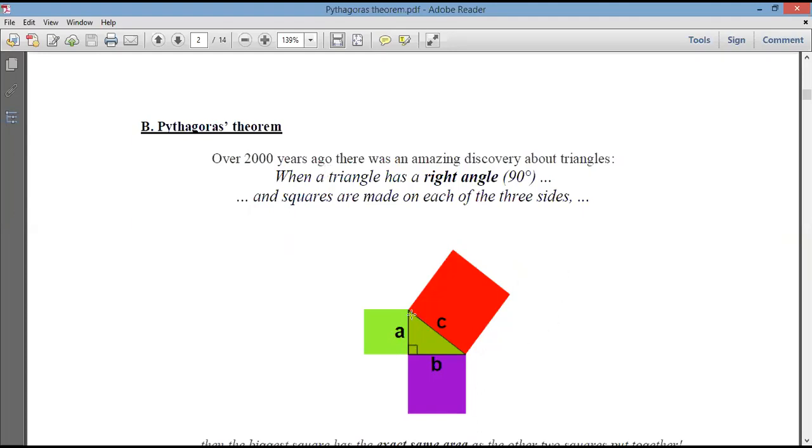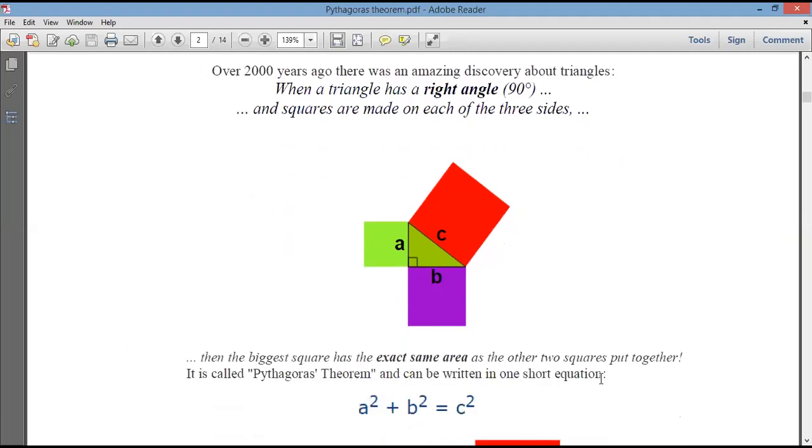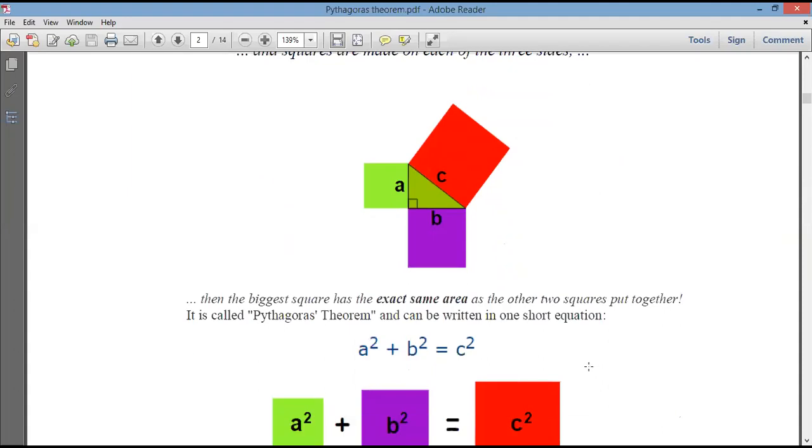When you have a right angle triangle, and squares are made on each of these three sides, you have three squares here. You will find out the area.